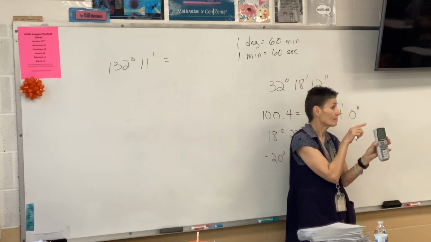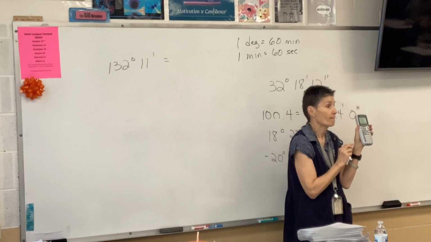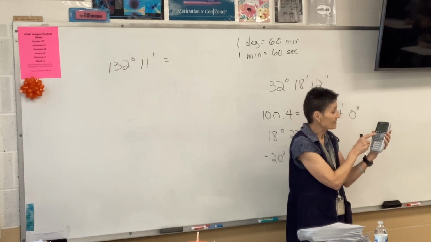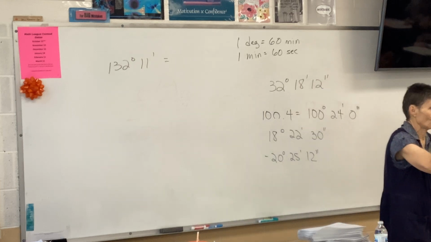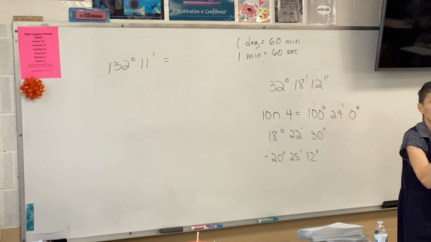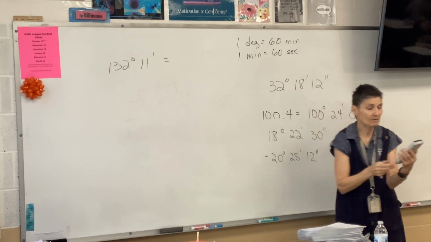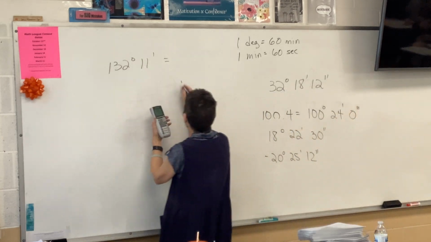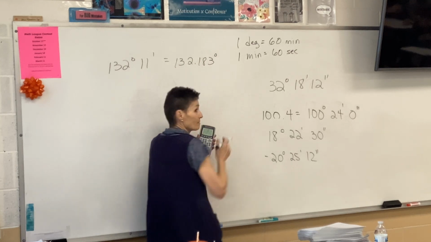Now type 11, then back into second angle. Right under the degree mark is the minute mark. Click down and press that, then press enter, and you should have gotten 132.183 degrees.